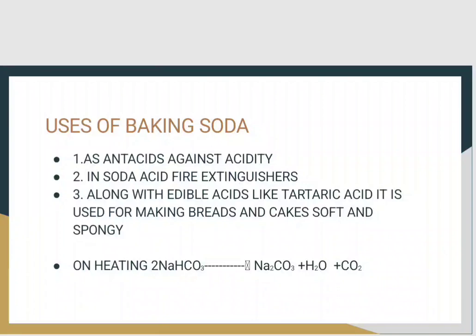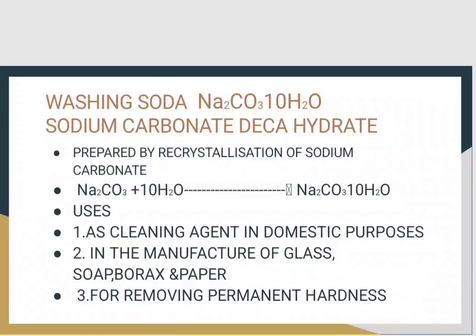In a soda acid fire extinguisher, along with an edible acid like tartaric acid. It is used for making breads and cakes soft and spongy. On heating sodium hydrogen carbonate, we can collect Na2CO3, sodium carbonate, and we get water and carbon dioxide also.